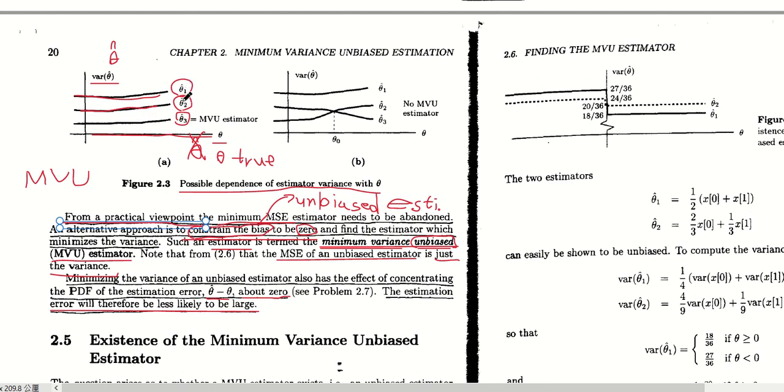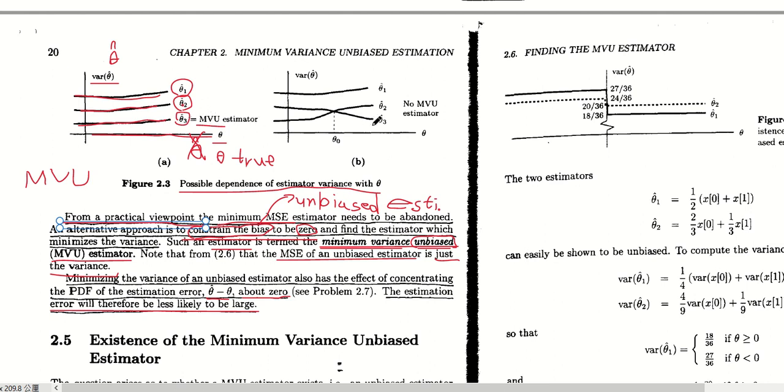Theta 2 is uniformly better than theta 3. As a result, if you compare all of them and find out theta 3 is uniformly better than all the others, then it's the MVU, the minimum variance unbiased estimator. Of course, the unbiasedness is not discussed here, but we assume that theta 1, theta 2, and theta 3 are all unbiased. Okay, so that is the MVU.